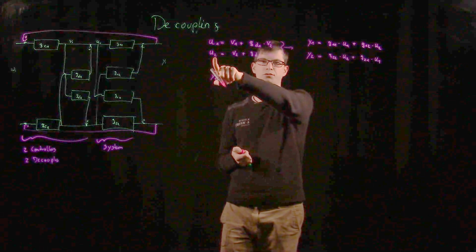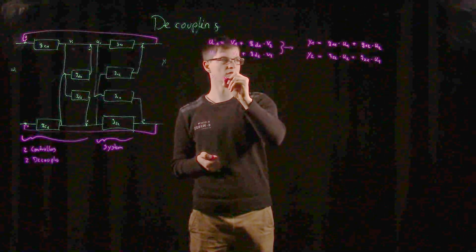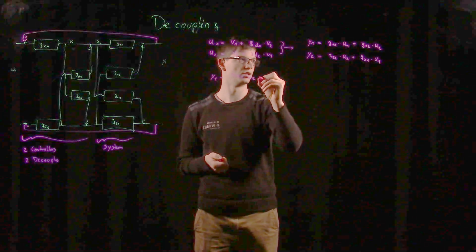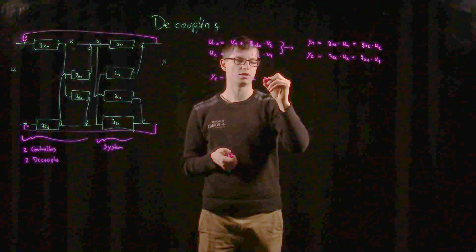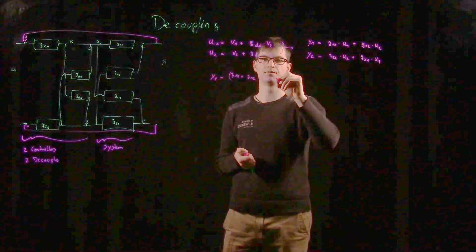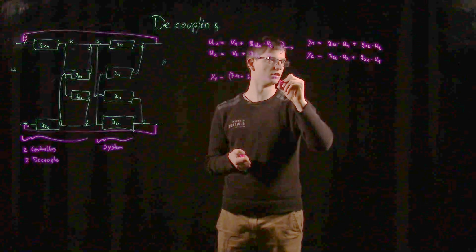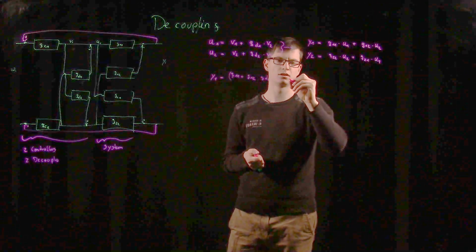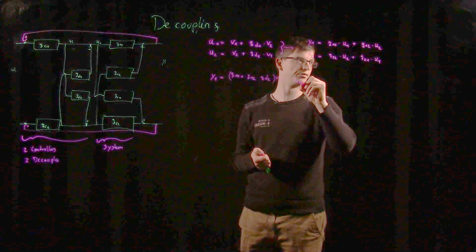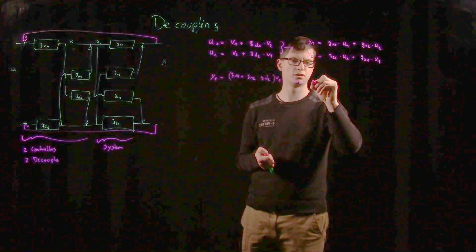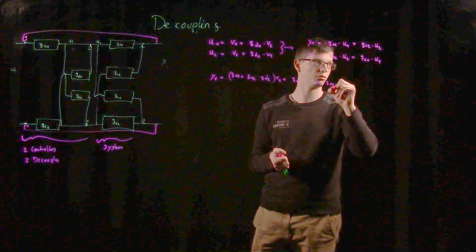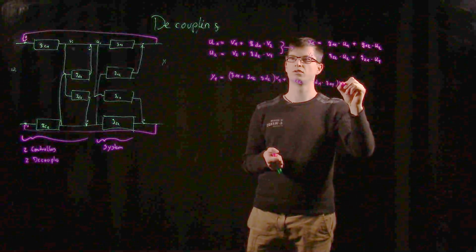When we put in our U's, we get Y1 equals G11 plus G12 times GD2, and everything times V1, plus G12 plus GD1 times G11 times V2. So that's it for the first equation.